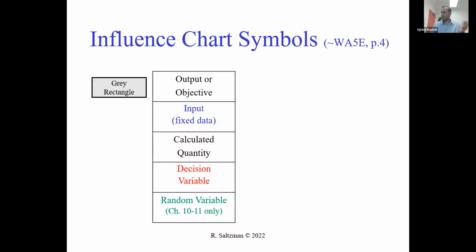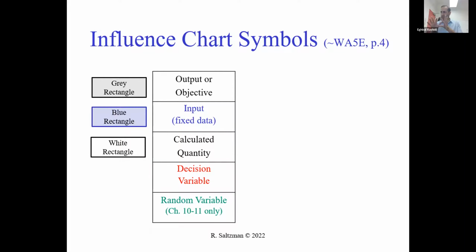So gray color for the output, the blue color or blue rectangle for the input. Data is very important, right? And that's why we show it with a different color. Most models, especially if you have a difficult problem, involve a lot of calculation, hundreds or thousands of numbers.